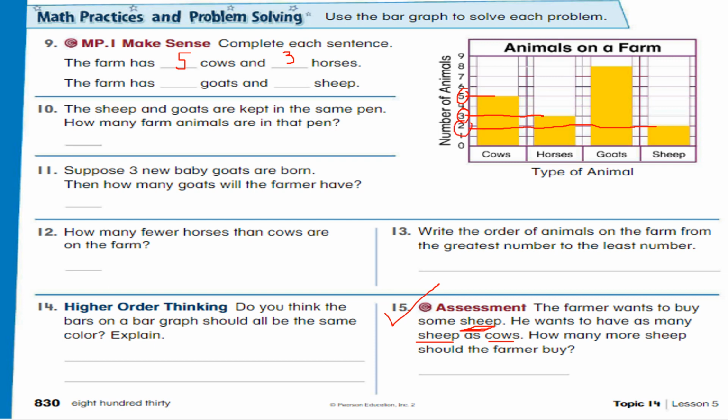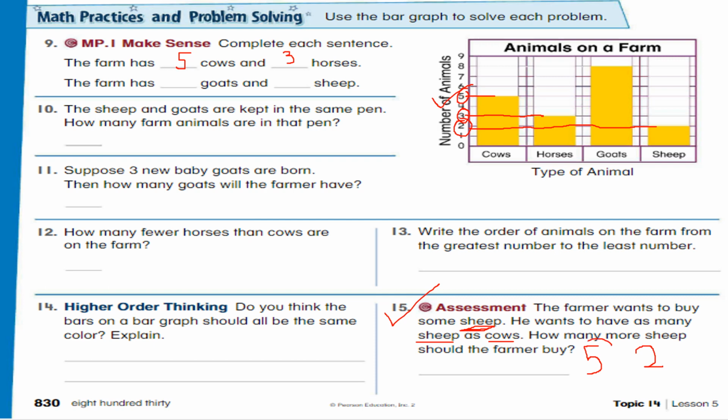Excellent, it is 2. So we have 2 sheep, right? Now how many cows do we have? Very good. We have 5 cows.